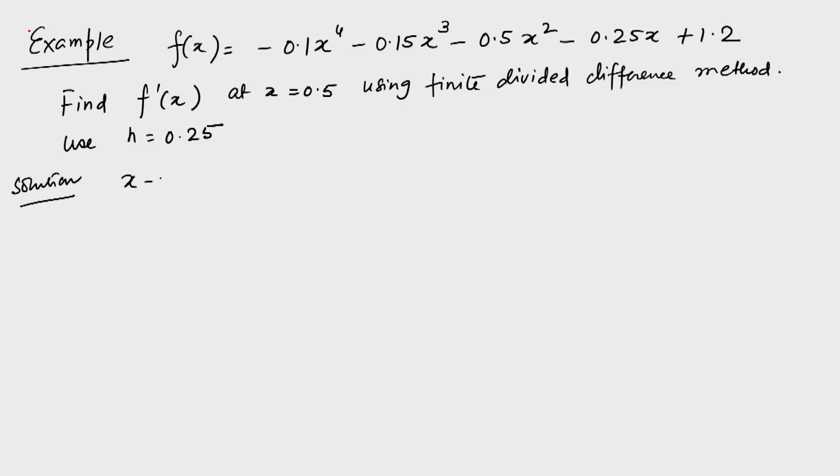So, you have x minus 2h is equal to 0, because x is equal to 0.5 and 2h is equal to 0.5. So, this is 0. So, f of x minus 2h is simply 1.2, or I will write it with up to 4 decimal places, because we will use that.